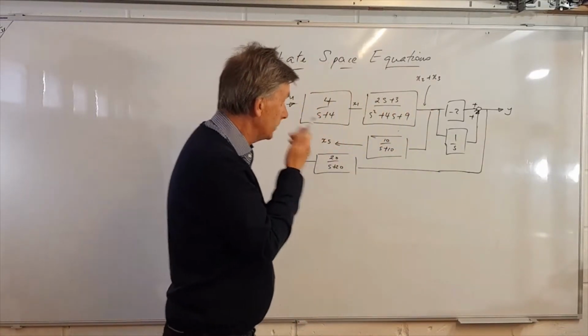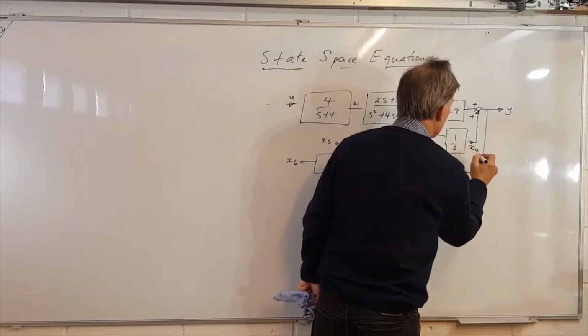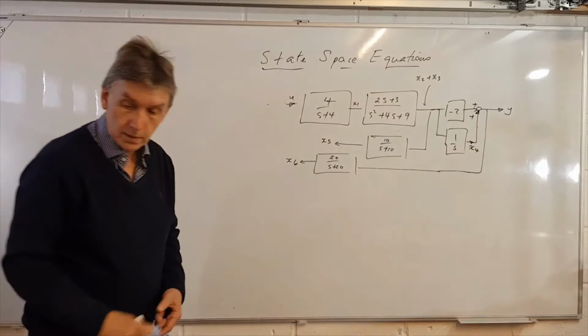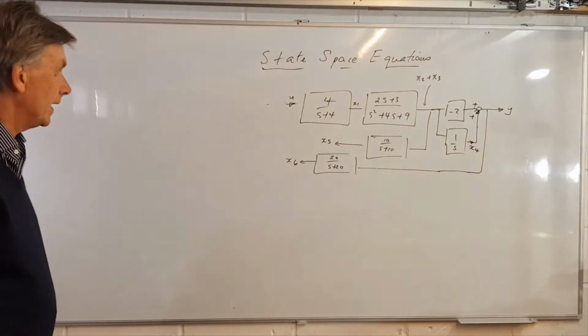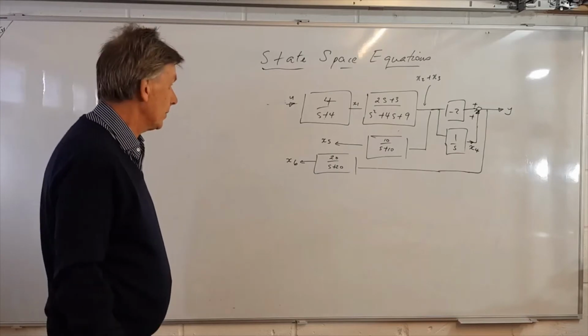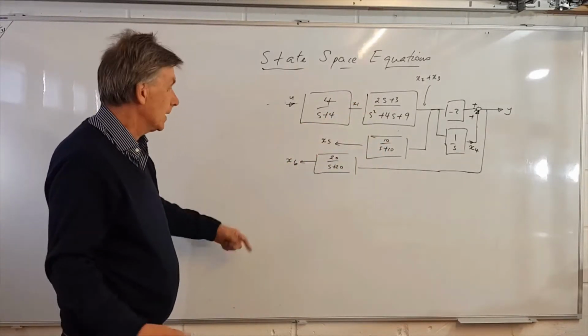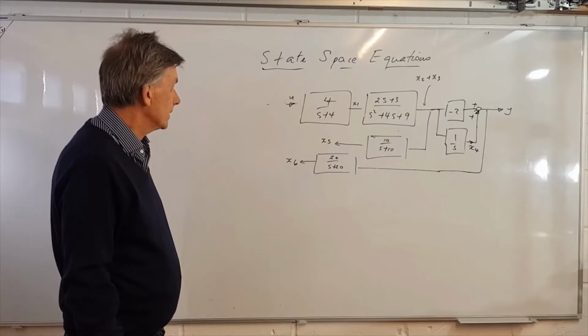And we can label this variable then x4. So, having done that then, we can proceed now to obtain the state space equation. So we work through each box one at a time, get the equations, collect them up into one big state space.